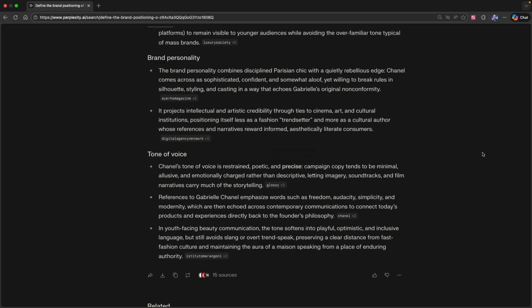They use poetic narratives. So, in your plan, do not propose a strategy where Chanel replies to users with "OMG, love this." No, they keep their distance. That distance is the luxury.